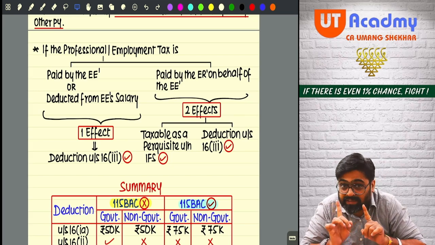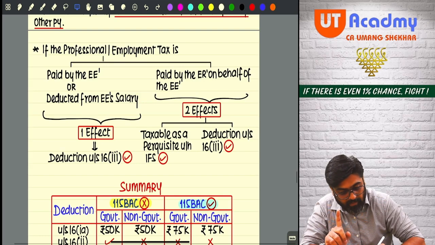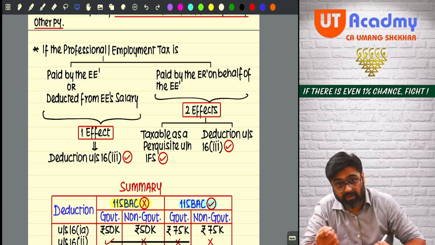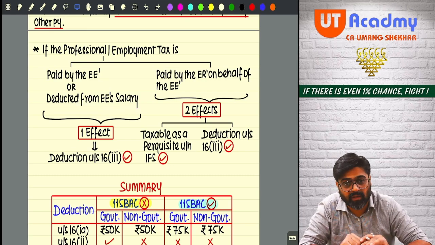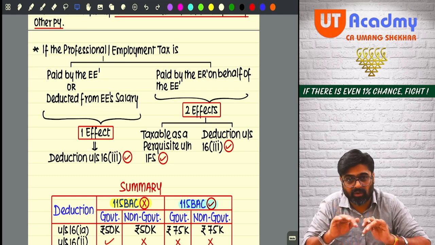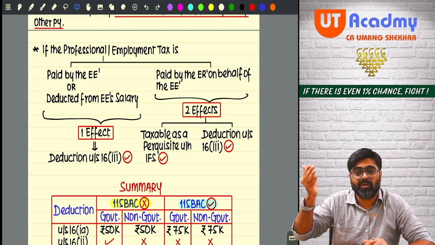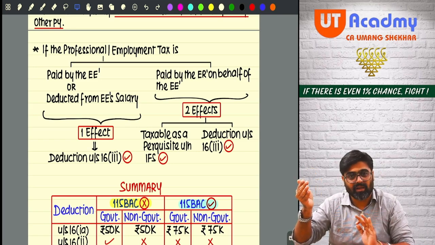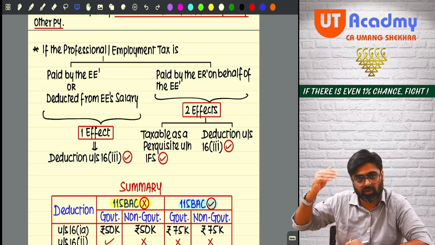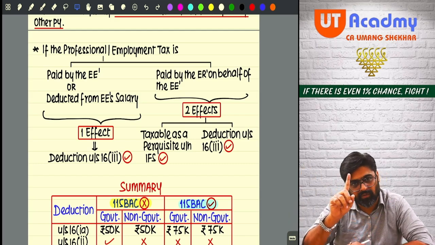So if the question says that professional tax is paid by the employee, or that it is deducted from the employee's salary, anyways you are going to charge the gross salary. Either you pay or it is deducted from your salary, you charge the gross salary and give only one effect.